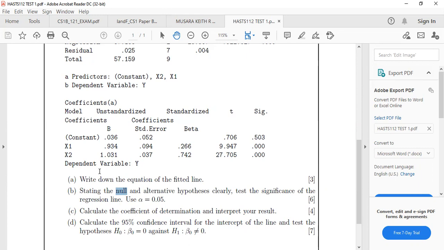The null hypothesis is... Okay, go ahead. Whosoever starts. Yeah, Millicent, you can go ahead. The null hypothesis is beta 1 is equal to beta 2, which is equal to 0. And then the alternate.